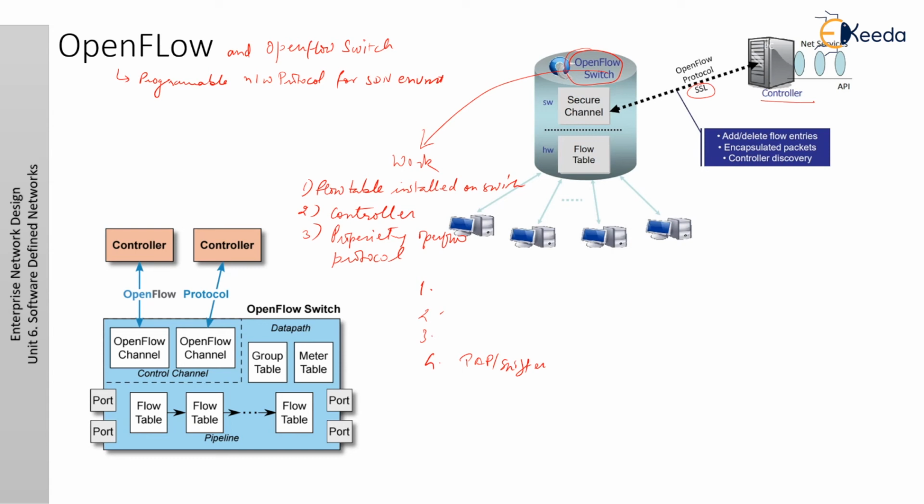Okay, so there are different products available. The fs.com switch product line consists of 10 GB, 40 GB, and 100 GB switches that support OpenFlow 1.3, which can be used as OpenFlow switches in an open networking environment.